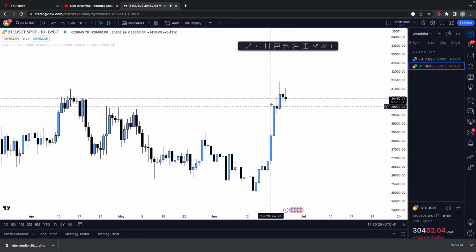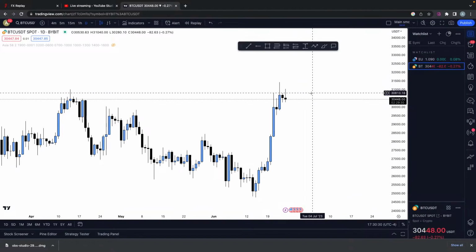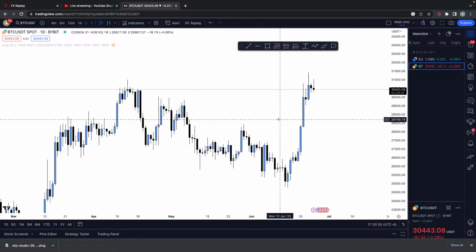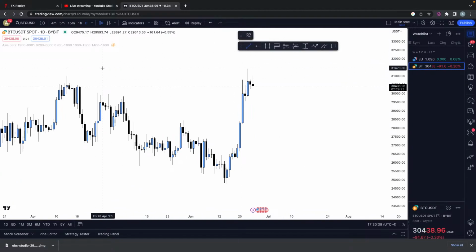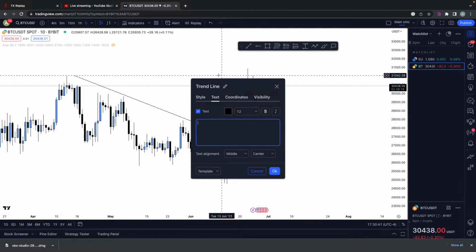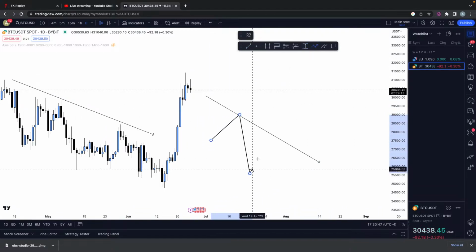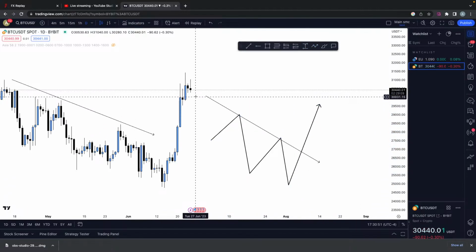Wow. So okay, so on the daily, I'm very, very bullish. 30K. It's around there. Honestly, the way I see it, there's two things that could happen. Either this is that typical trend line break and we're going to move up, respecting the trend line, boom, boom, boom, break out the trend line and then continue up.